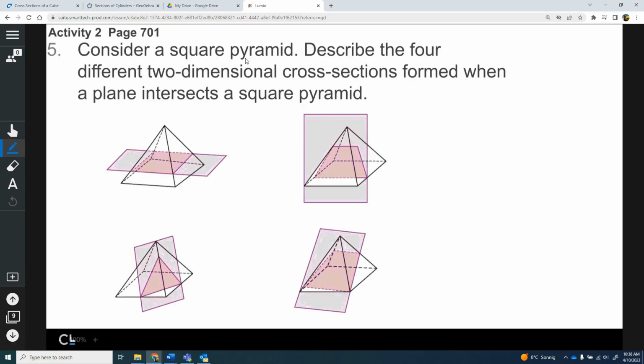Okay, now we're going to cut a pyramid. So why don't you guys pause the video, try this one, and then we'll come back and talk about it. Okay, welcome back. So if I cut it this way, I'm going to have a square. This way, I'm going to have an isosceles trapezoid.